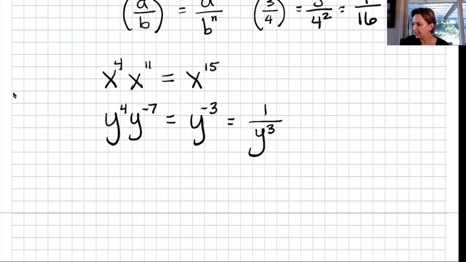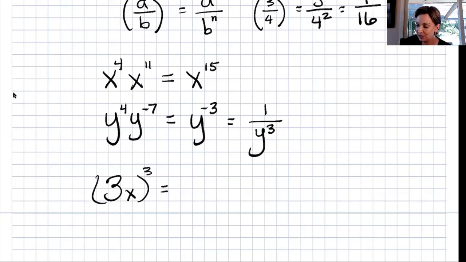Let's try this one, (3x) cubed. Believe it or not, this problem is one of the most missed questions I get. The reason is that we're going to take these two bases, the 3 and the x, and raise them both to the 3rd power.